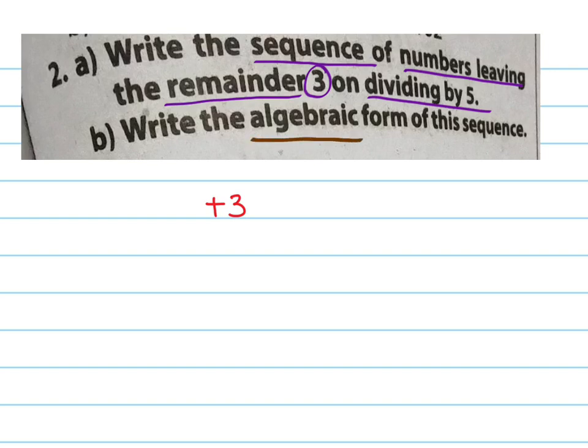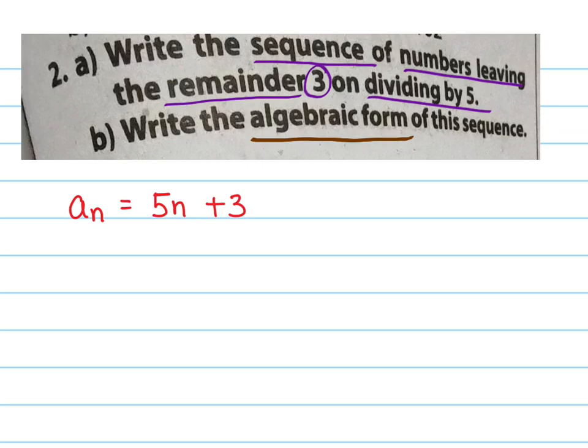Part B is asking you to get the algebraic form. It's saying the remainder should be 3, so that's plus 3. And we are dividing by 5. So it should be 5n plus 3, where n is the number of the term. So our general term becomes an equal 5n plus 3.